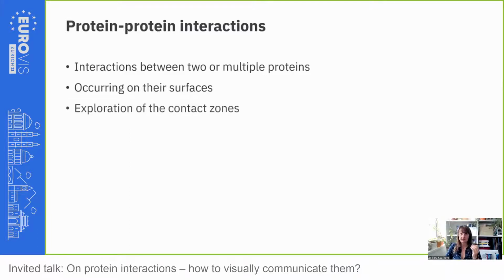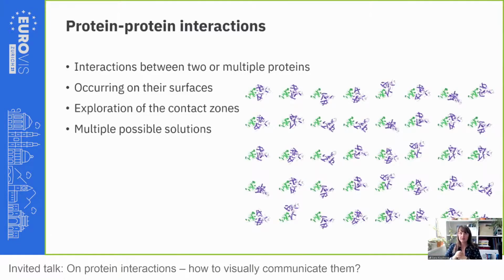What is important here is the interaction part of the proteins, which we call contact zones between the proteins themselves. This is something which is of utmost importance to determine if this actual interaction is possible or not. And if you are using some of the existing tools for the calculation of possible configurations of, for example, two interacting proteins, you can use tools like HADDOCK, PyDock, and so on.